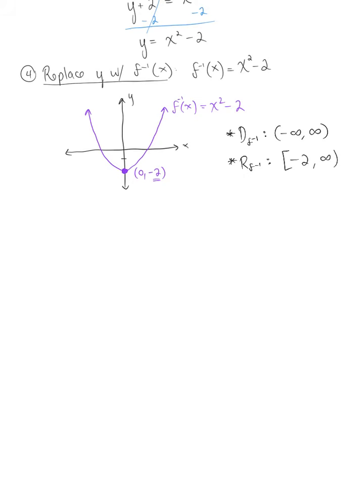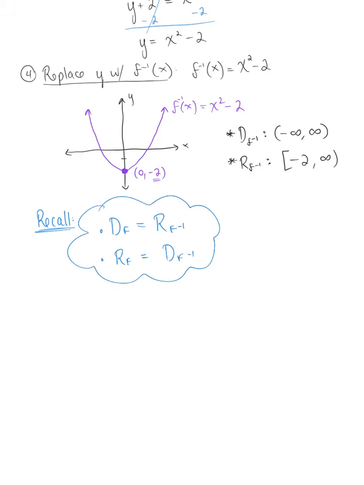So it's important at this point to recall one of our properties of inverse functions, and that is that the domain of a given function must be equal to the range of the inverse, and that the range of the original function must be equal to the domain of the inverse function.